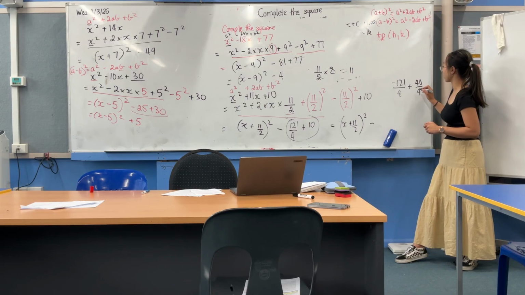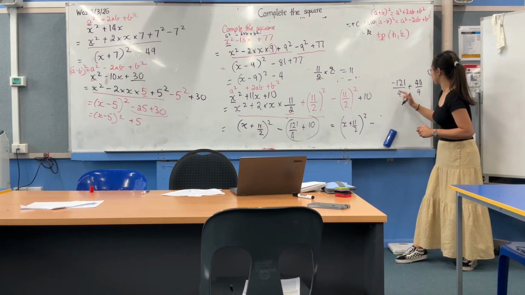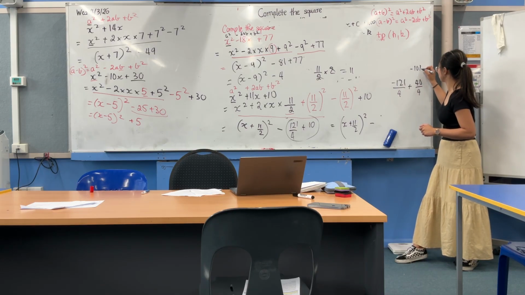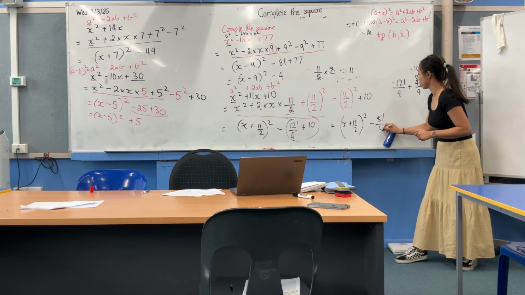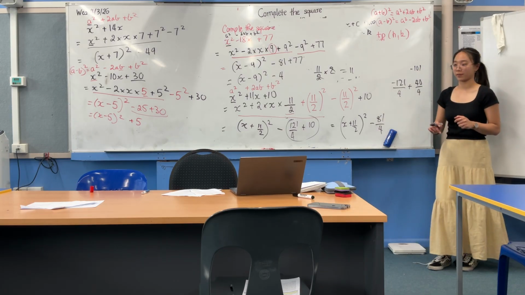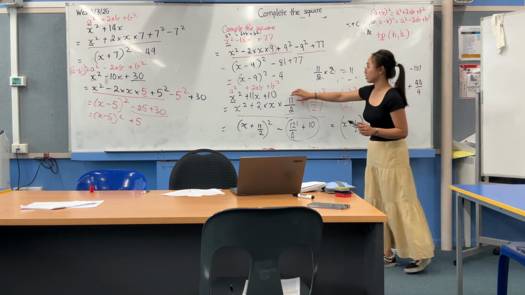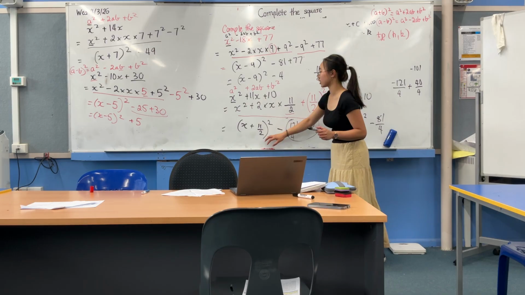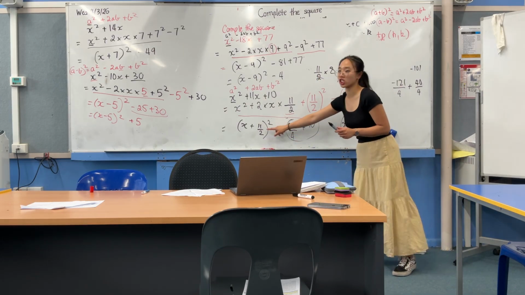You're going to have negative 121 plus 40, which is negative 81, so negative 81 over 4 as your answer. Okay, so in the CAT you won't have a fraction like this, but just so you know, it will work with fractions as well.